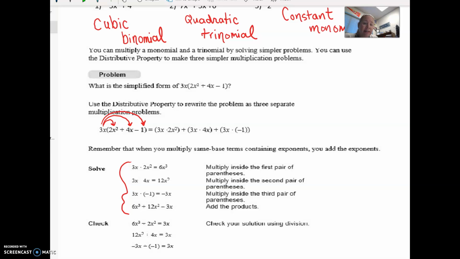That's how you get the 6x to the 3rd. Then we would continue there, adding the exponents and multiplying. And then we would put all of the solutions together to make a new trinomial. And notice it is written in standard form. So we always want it from the largest exponent to the smallest, or the constant.